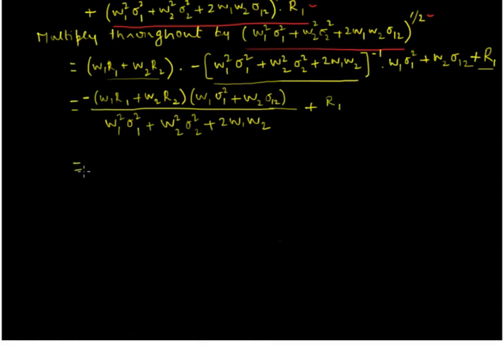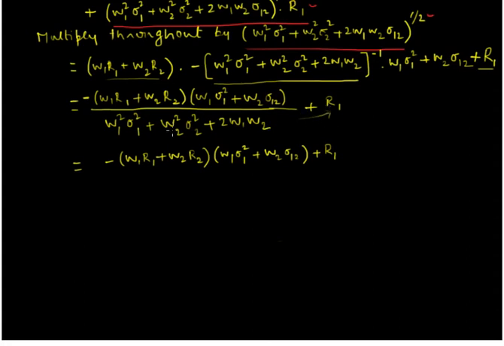We can write this as this: minus W1 times R1 plus W2 times R2 times W1 times variance of 1 plus W2 times covariance between 1 and 2 plus R1 times this term.